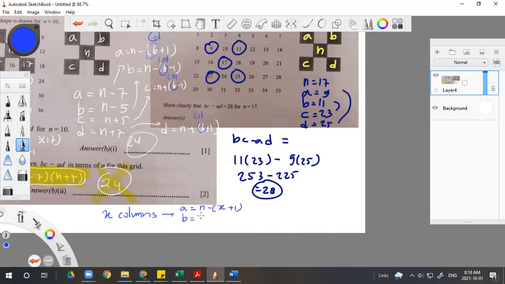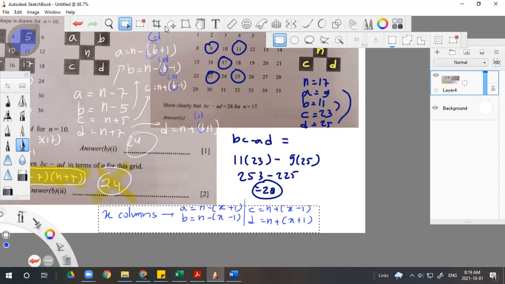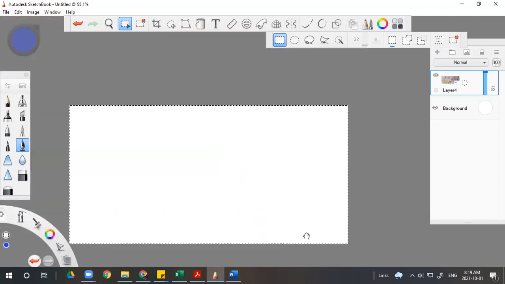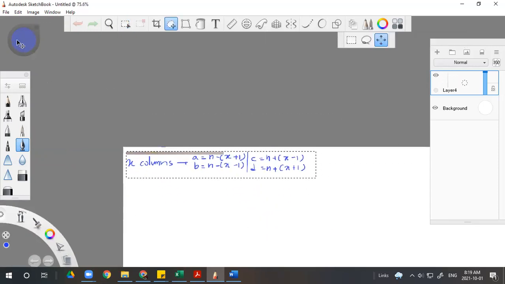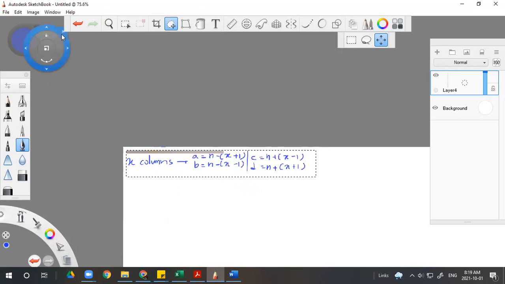The B, top right, is n minus column subtract 1. The bottom left, with the value added, is n plus column minus 1. The D will be n plus column plus 1. Right? See, it is the same. Okay, keep this one here, hold on to this, and we delete the rest. There you go, for X columns.